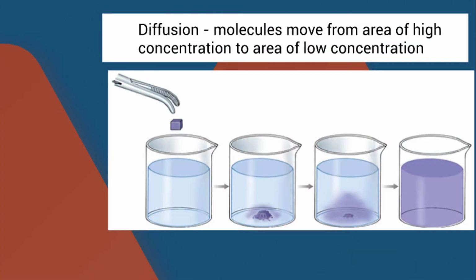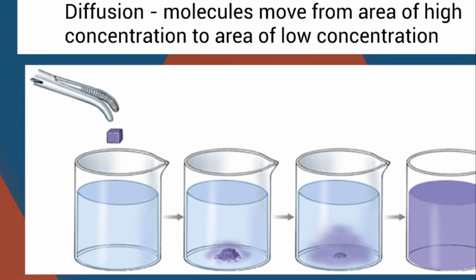First is passive transport. In order to understand how substances move passively across a cell membrane, it's necessary to understand concentration gradients and diffusion. You will study these processes in chemistry, and I think you studied them at school. A concentration gradient is the difference in concentration of a substance across a space.